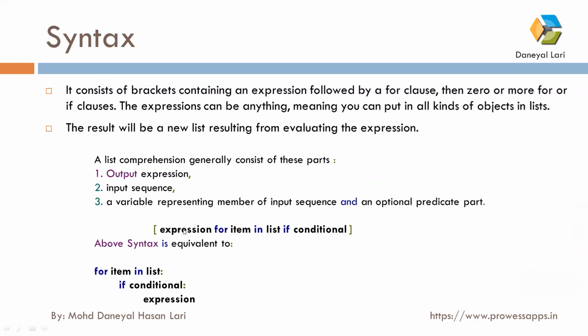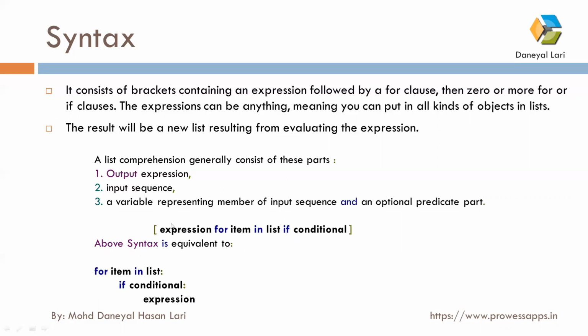The same thing can be done by using this statement: for item in list. When this for loop executes, it will check the condition, and after that it will evaluate the expression. So this expression can be rewritten in one line by using list comprehension in this way.